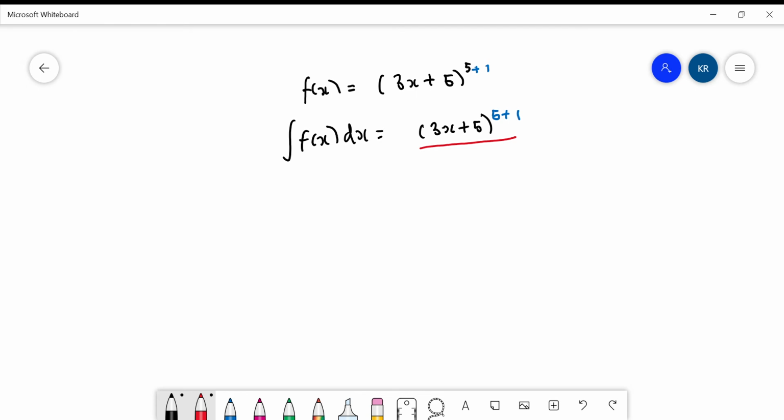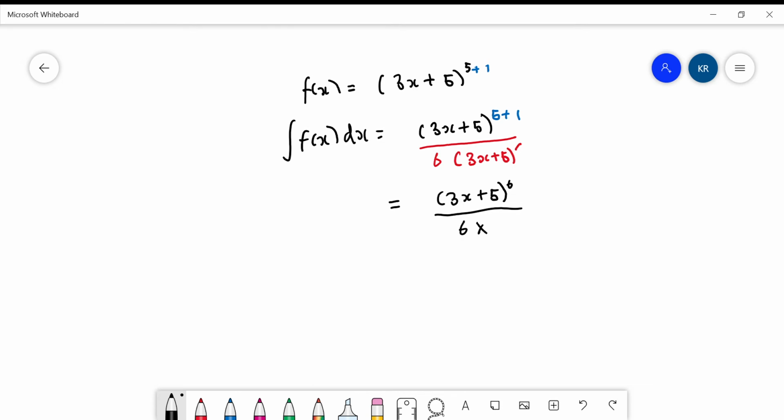So 5 plus 1 is 6. And then we have to divide by the derivative of what is between the brackets. So if we do that, we'll get (3x plus 5) to the power of 6 over 6 times, if we differentiate what's between the brackets, we will get 3.